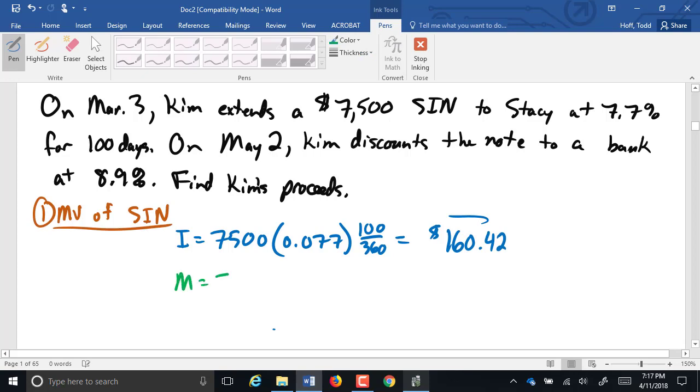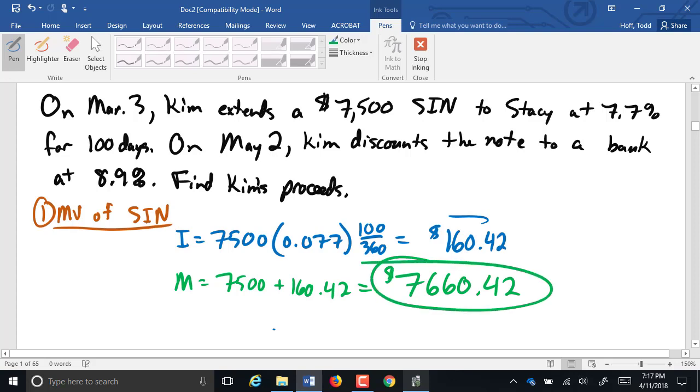So the maturity value, we take 7,500 plus that, $7,660.42. How many of you have it so far? Show of hands. Any questions on that first step?